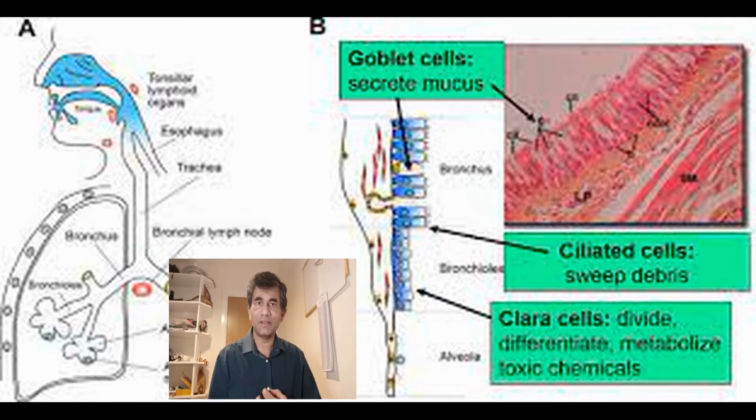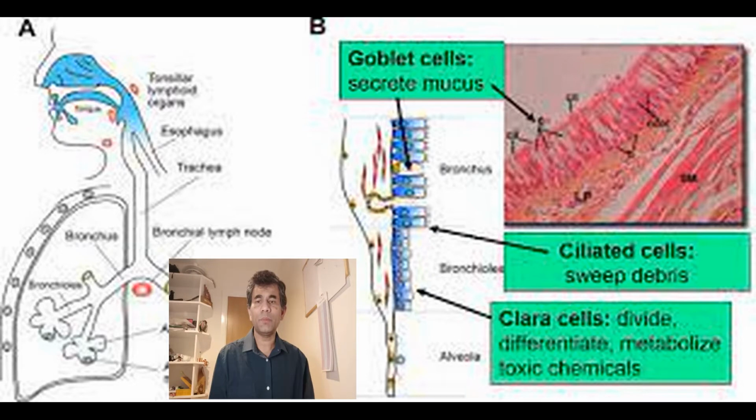It doesn't come out effectively, and that can give rise to infections of the respiratory tract, upper and lower, such as pneumonia. So cilia are very important. Ciliated columnar epithelium is very important for proper functioning and safety of airways.